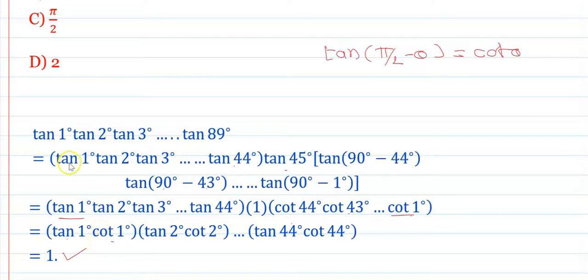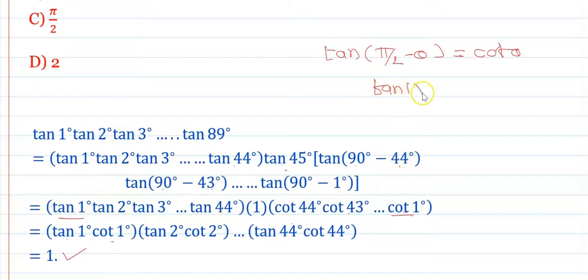Okay, up to the 45 we will write as it is. 46 means what? 90 minus 44. 47 means what? 90 minus 43. But what is the tan of pi by 2 minus theta? It's a cot theta. Okay, and at last in this way you will get cot of 1, tan of 1. Its value is 1. Okay, because see this here.